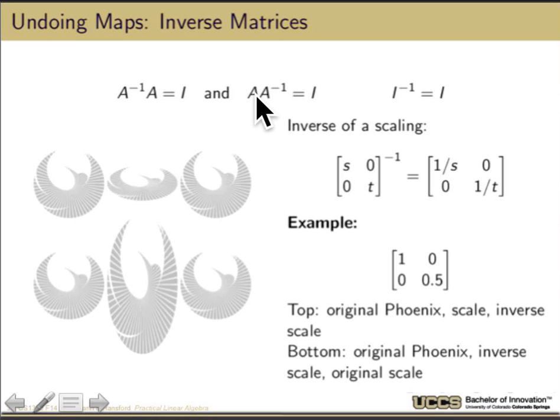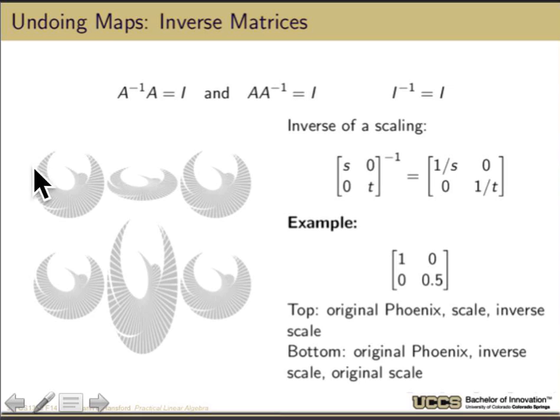With a little bit more work, you can see that A times A inverse is equal to the identity, and the identity is its own inverse. The inverse of a scaling turns out to be very simple. If I have a scaling matrix with S and T for the two axes I want to scale, then the inverse of that is just 1/S, 1/T on the diagonal. You can see that if you multiply these out, you get 1/S times S, 1/T times T, and as long as T and S are not 0, that'll work out.